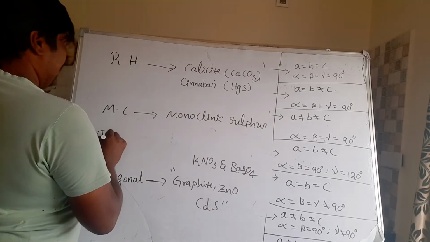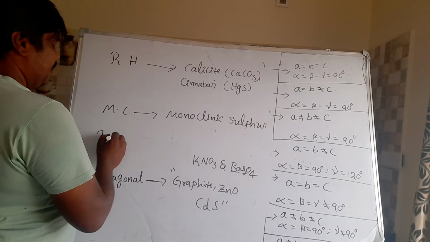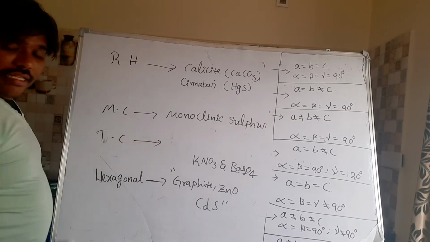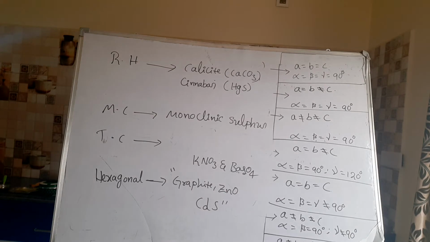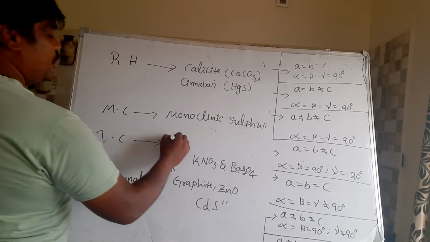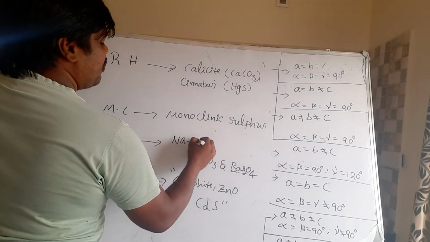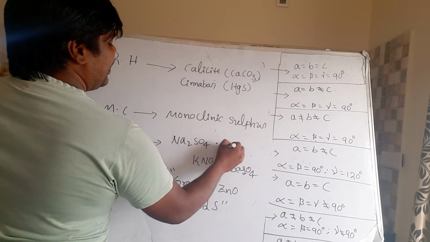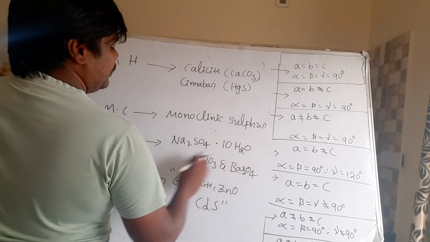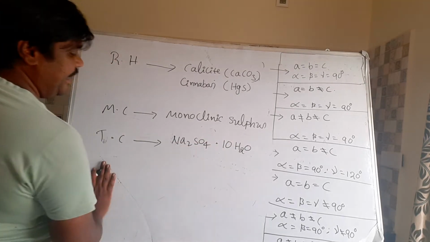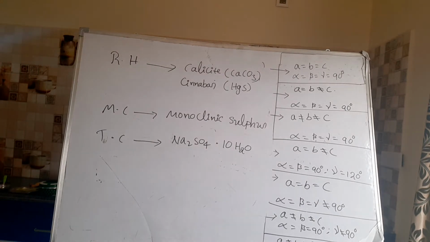For triclinic, TC, the examples are Na2SO4·10H2O, then K2Cr2O7.